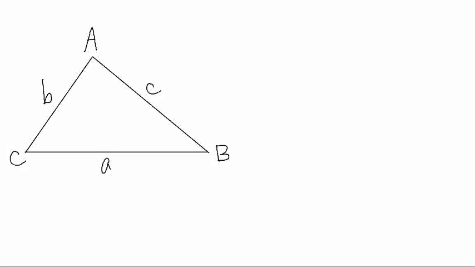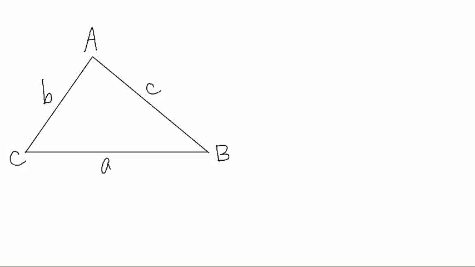All right. For that triangle, and by the way, I haven't set any constraints on the triangle. It doesn't have to be a right triangle. It doesn't have to be an isosceles triangle. Really, it can be any triangle.